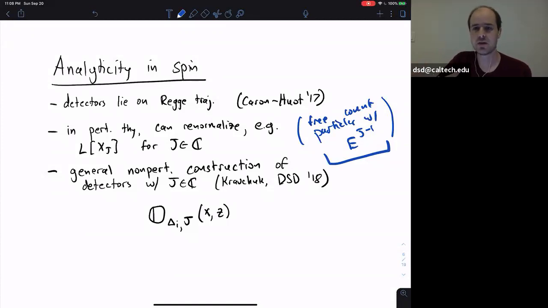And one of the points of this talk is to try to explore the space of these detectors with general complex J in the simplest example theory that we might think of. And that's the Wilson-Fisher theory for this talk. And we'll find some interesting structures in that theory that I hope will be instructive for larger explorations.